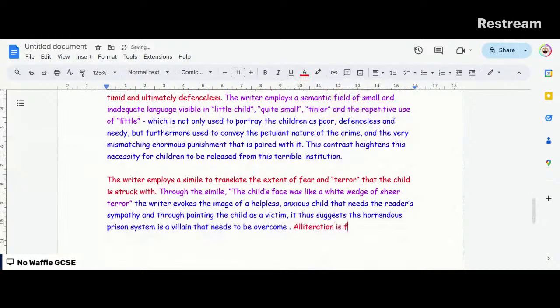So alliteration is further utilized in white wedge to extend the fear felt by the child.